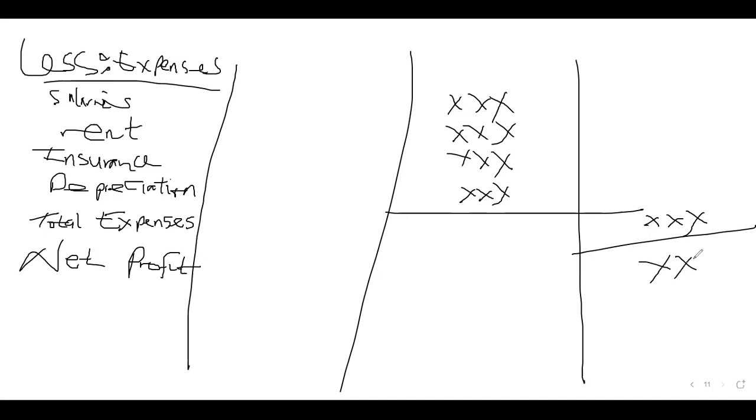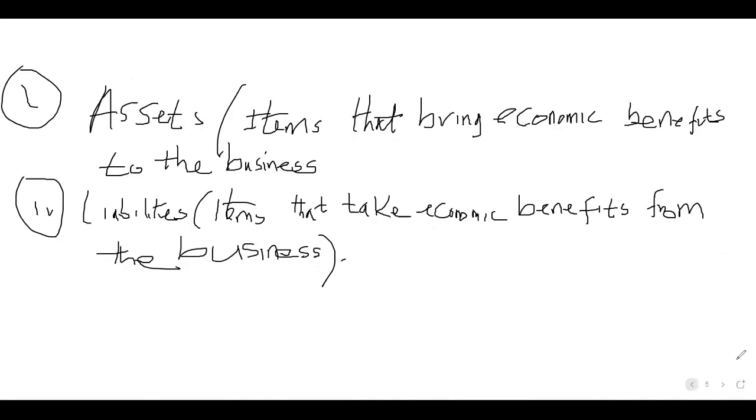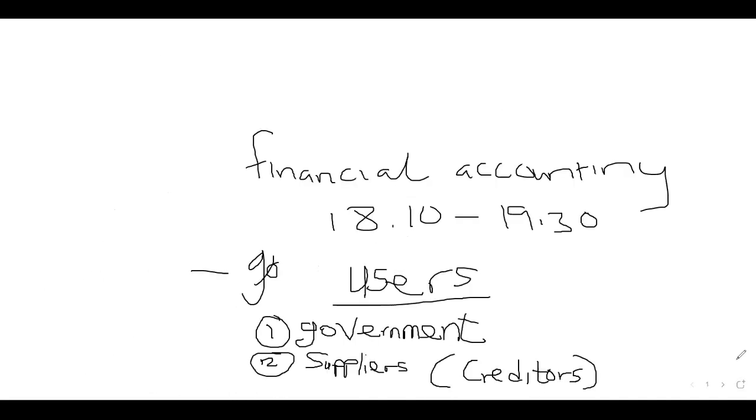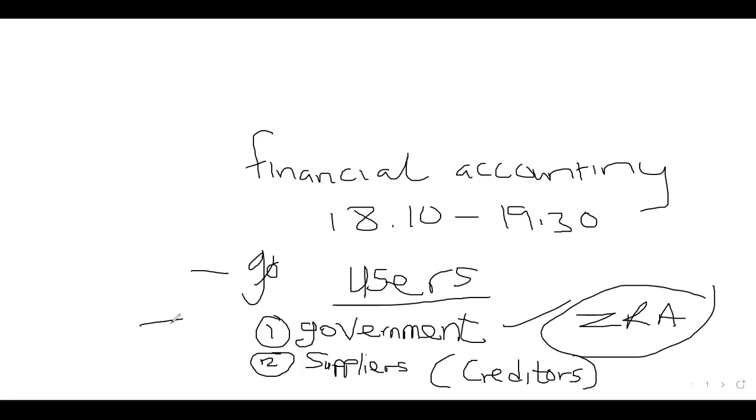So please, this is just about what goes on as we look at this financial accounting aspect. And of course, I mentioned the users of accounting as we started. The users are the government, through ZRA. They should know if you're able to make a profit or not, so that they can deduct the tax that they need to get from you.